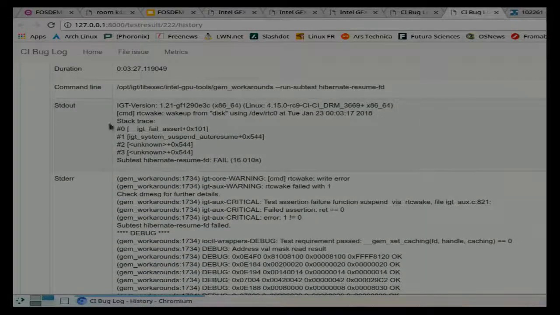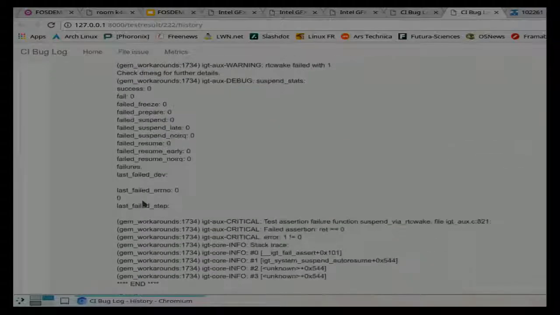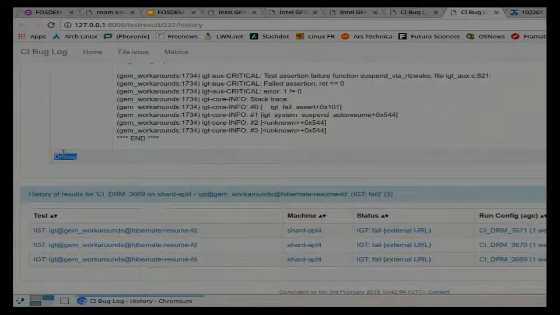You can see the standard output of the test, the error output of the test, and even if there were kernel messages generated during the execution. And you can see the history of this one. So I imported 3 runs. You can see here, like 3669, 3670, and 3671. And it got them ordered properly.